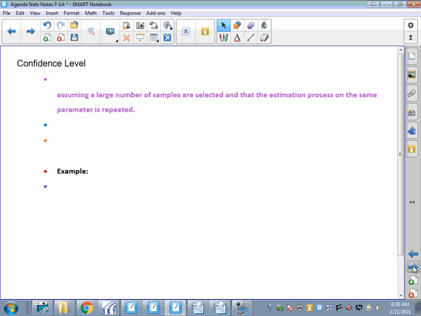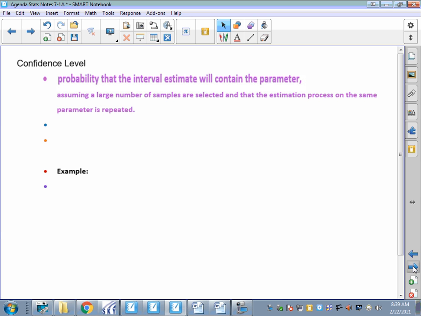You have to know a confidence level. How confident are you going to be? So a confidence level really is a probability that your interval estimate will contain your parameter. So that's what was the numbers? I can't remember. The 15.9 to 16.7, how confident are we that the true population average age is in between those?